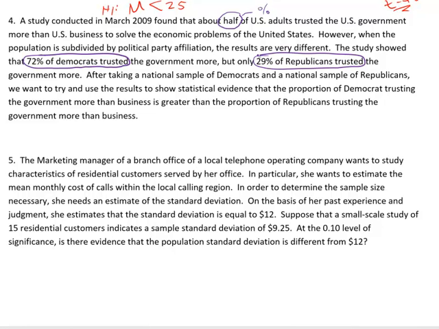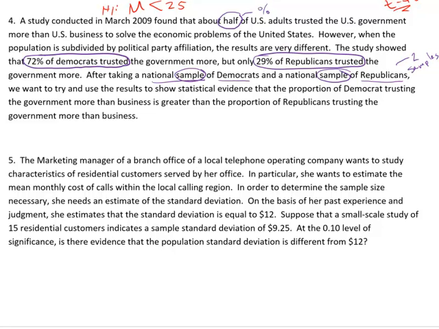And let's go on. It says, after taking a national sample of Democrats and a national sample of Republicans, clearly there's a sample and there's a sample. So we're doing a 2-sample test. 2 samples. Of course, we got to wait till it asks the question to really know.